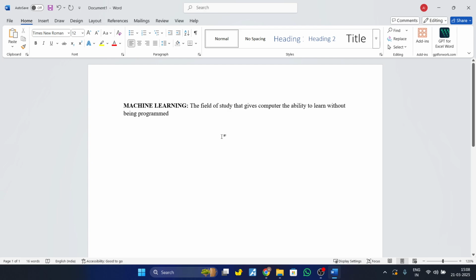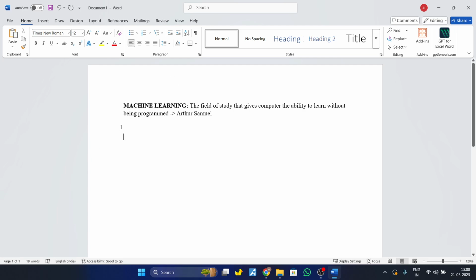So the job of us, that is the machine learning engineer or a data scientist, would be to make sure that we get the right prediction, and that right prediction will be done by applying various algorithms or various models. So till now what we have covered is what machine learning is, and this is the formal definition, that it is a field of study that gives computers the ability to learn without being programmed, and this was proposed by Arthur Samuel, right?